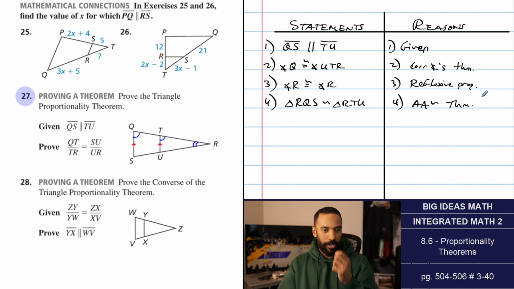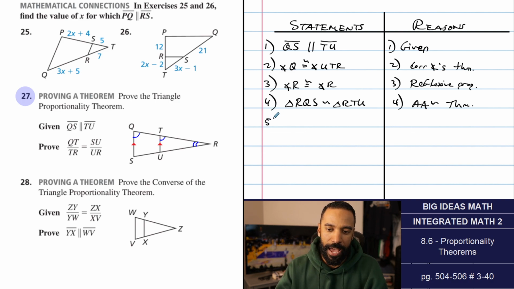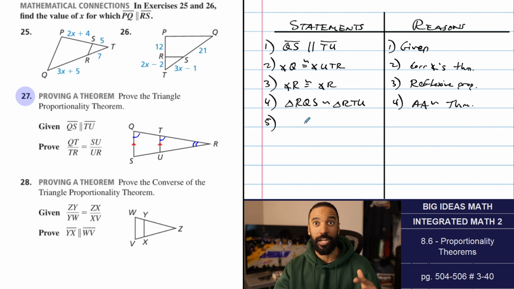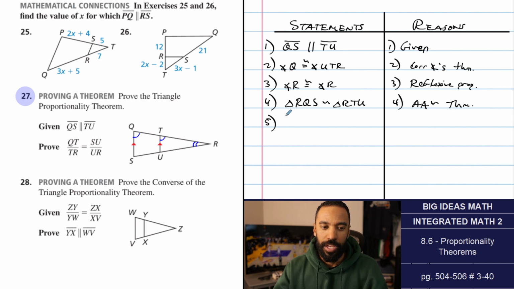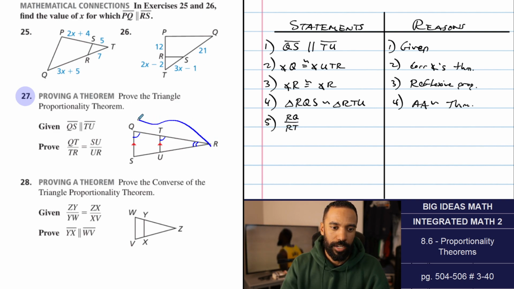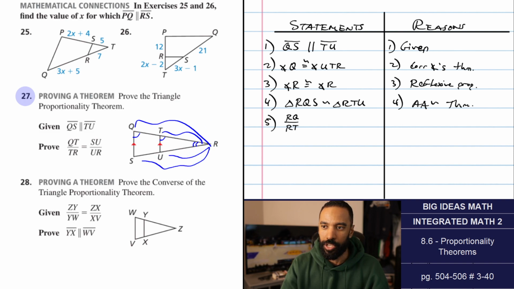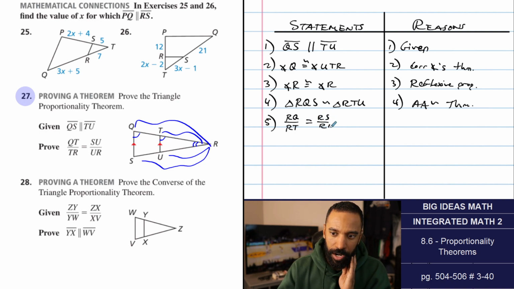With the angle similarity theorem, we can use the proportionality that we've done in the past. Not yet the side splitter, excuse me, not the triangle proportionality theorem, but the proportionality of the sides of these two triangles. So I could say RQ over RT, big over small, of corresponding parts, equals RS over RU.